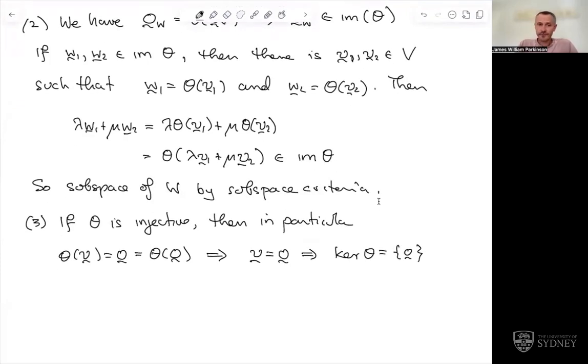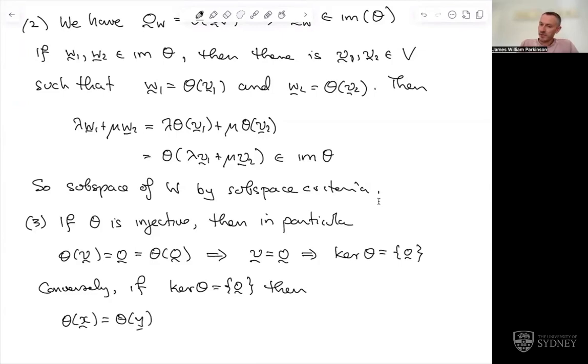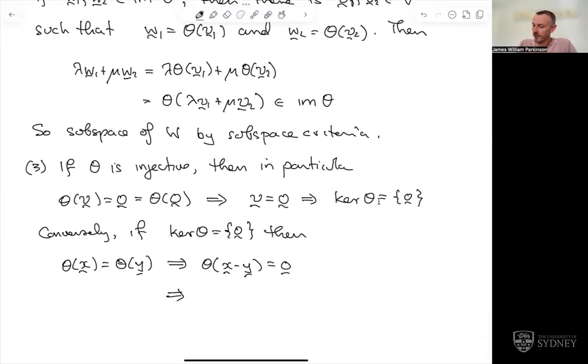But conversely, if we assume the kernel of theta is trivial, then we prove injectivity by saying: theta of x equals theta of y implies theta of x minus y is 0, and that implies that x minus y is in the kernel.